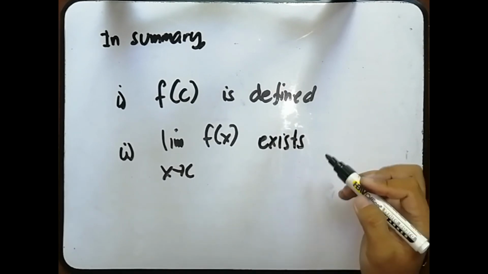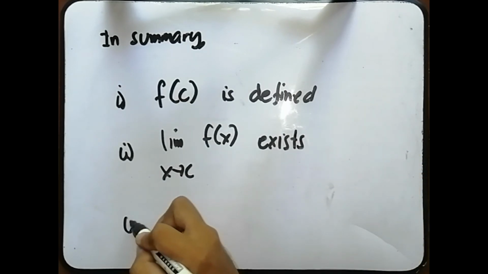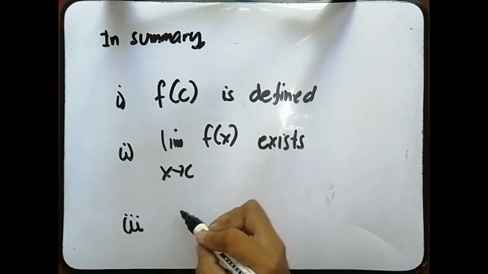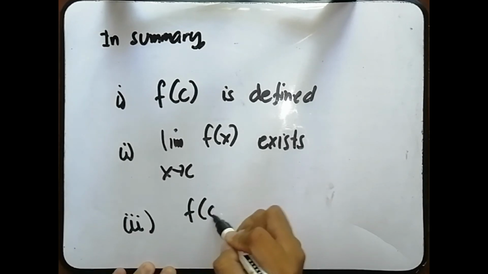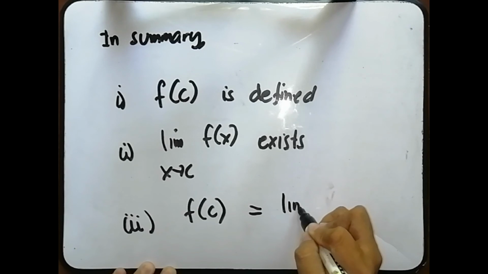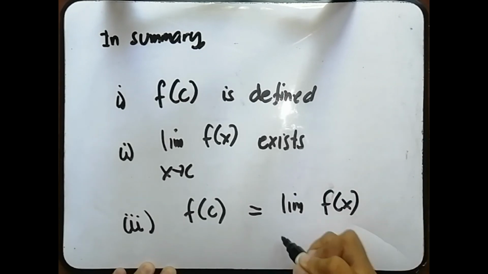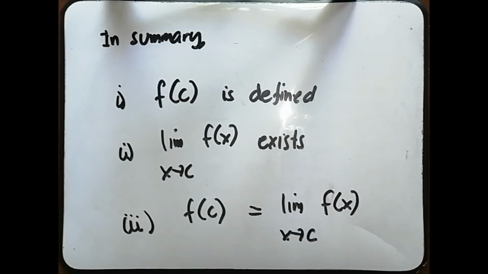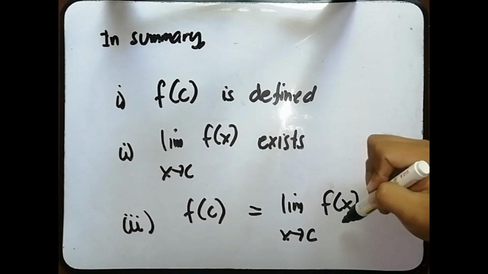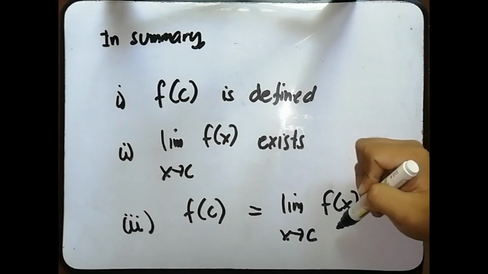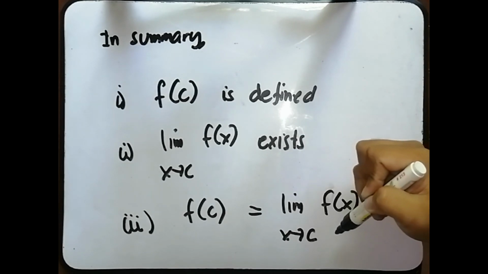Ibig sabihin, may number tayo na makukuha. And criterion number 3, dapat yung f of c natin equal siya sa limit ng f of x as x approaches c. Pag tong tatlong to na-satisfy, then we are sure that f of x is continuous at the number c.